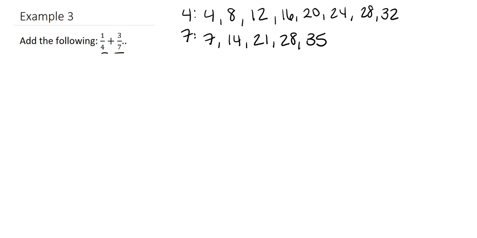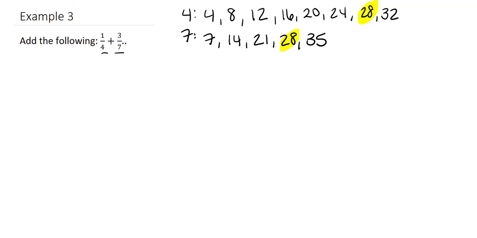So you can do either method. This is the way I do it. And then I look for our least common denominator between the two. So we can see that we have a lot of numbers before we get to a common number. So our common number is going to be 28.